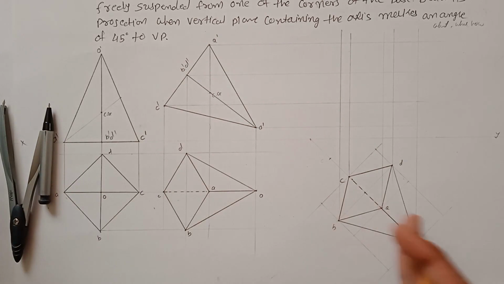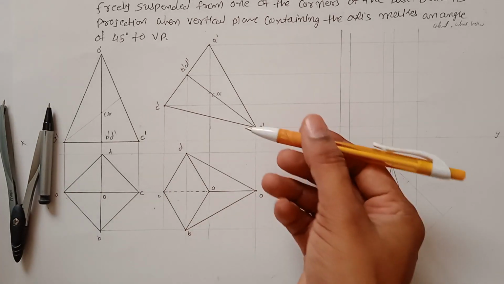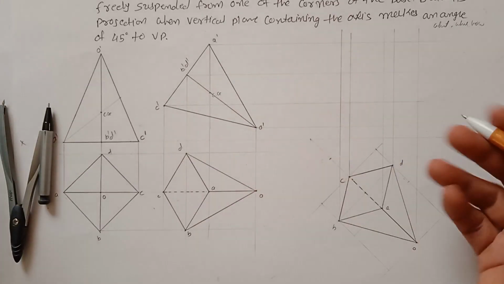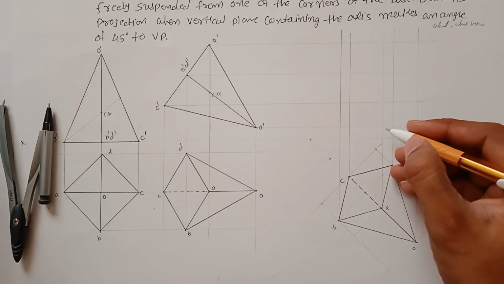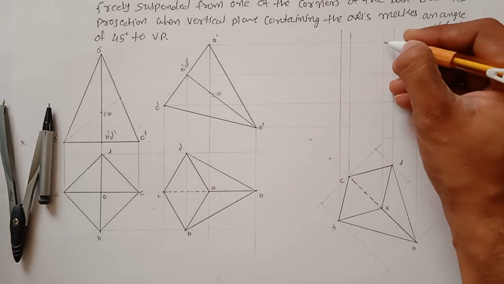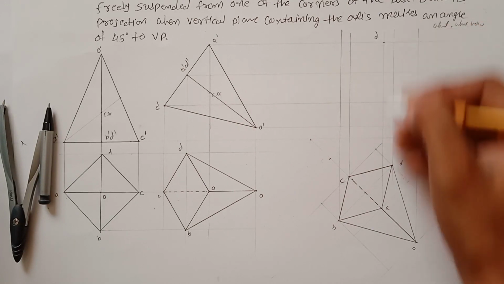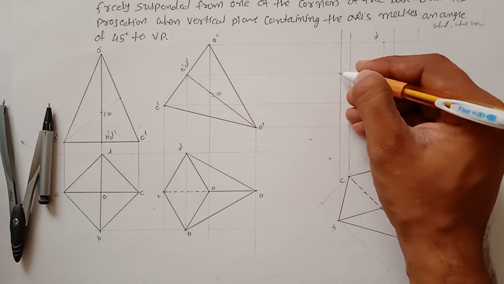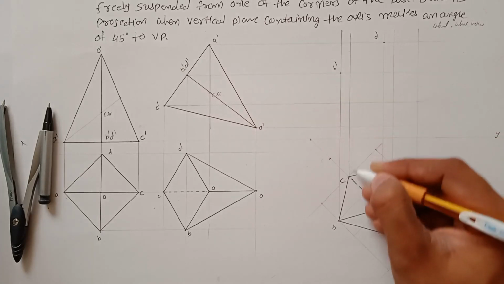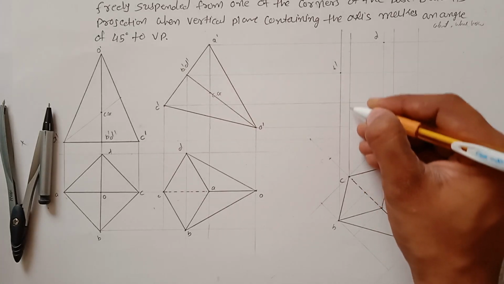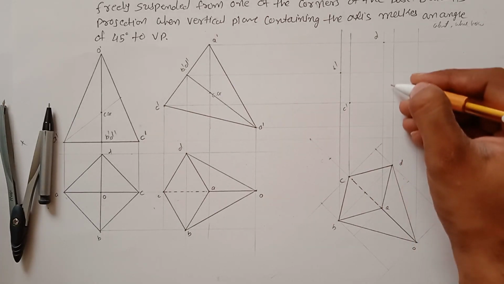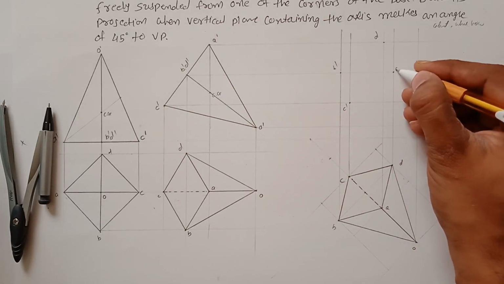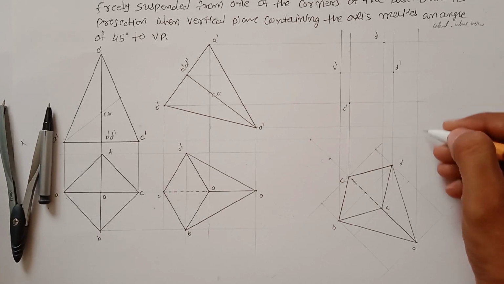But in the rest of the views, you cannot touch your solid to the XY line because it's freely suspended in the air. So let's find out point A. So this point is my A dash point, B dash, C dash, and D dash, and this is my O dash.